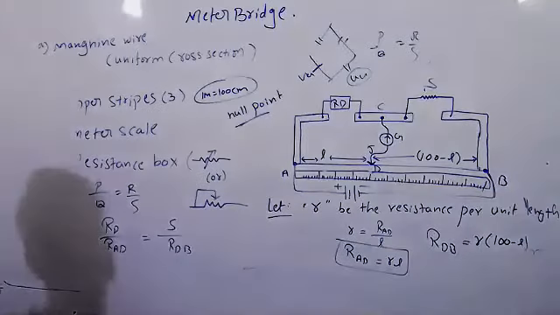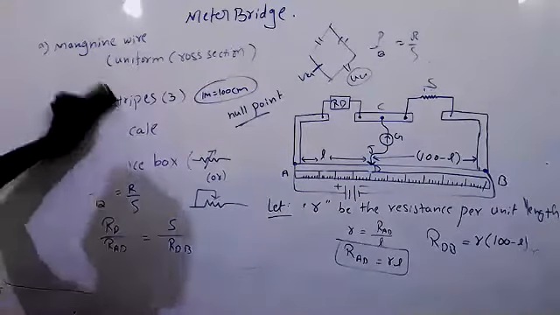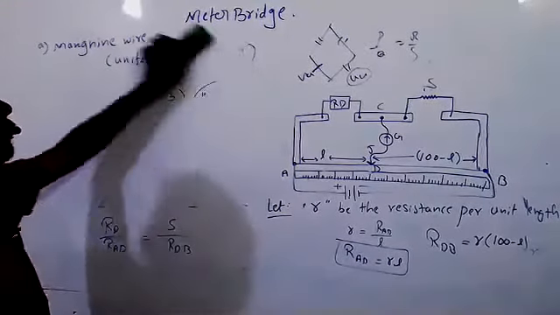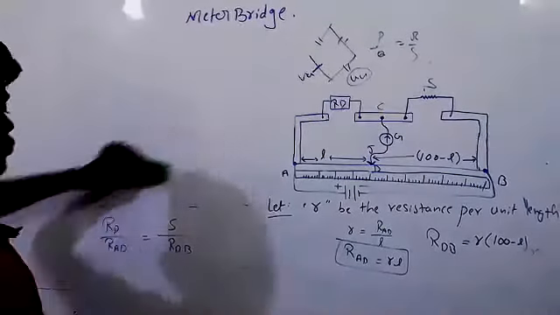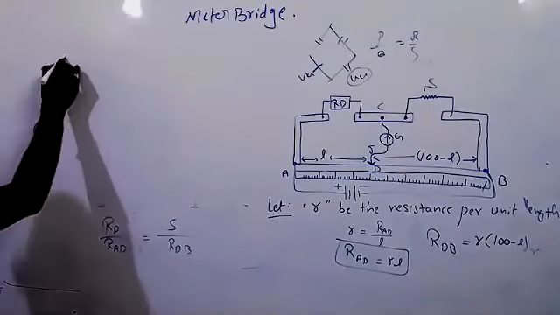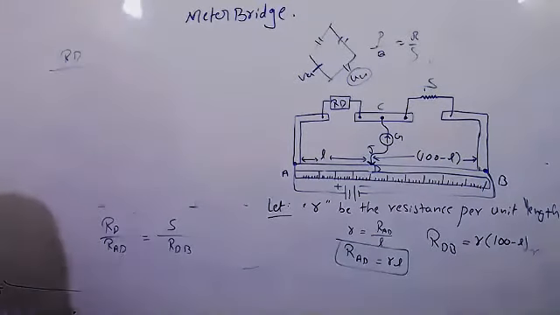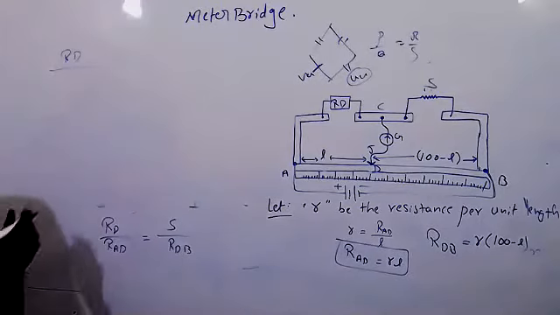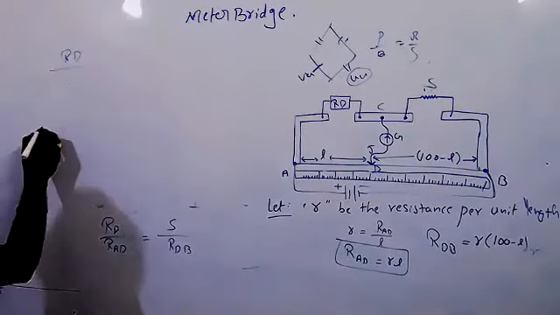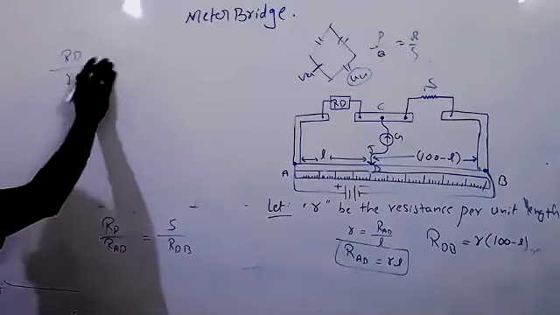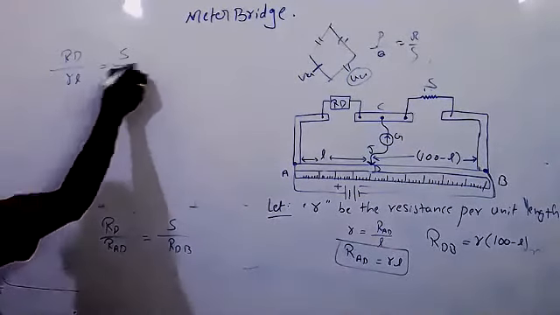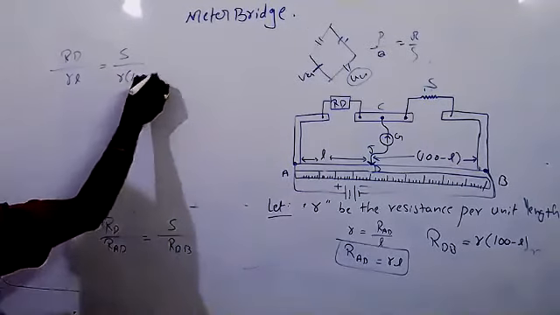Then we can write R by R_AD. R_AD means r into L, equal to S by r into (100 minus L).